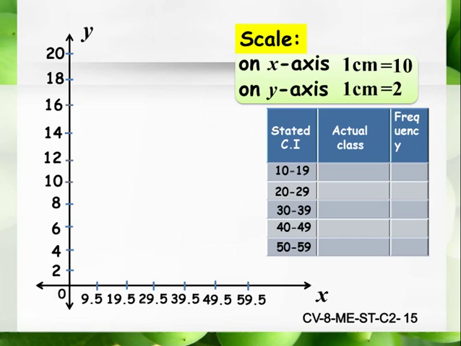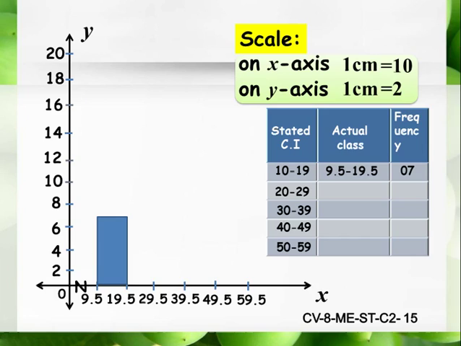Leave 0.5 because the class interval is not commencing from 0. Between 9.5 to 19.5, the frequency is 7. Therefore, draw a rectangle of height 7 units and width 10 units.